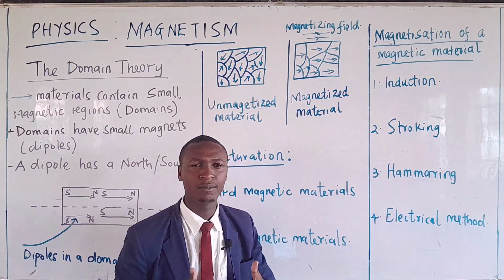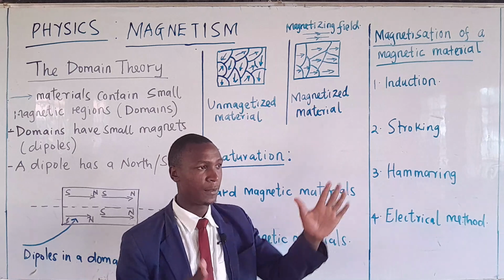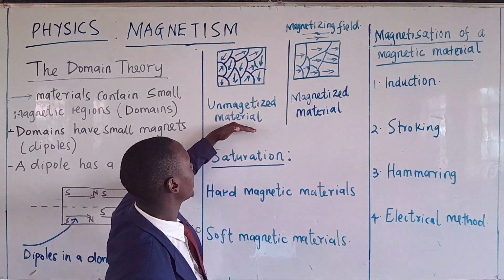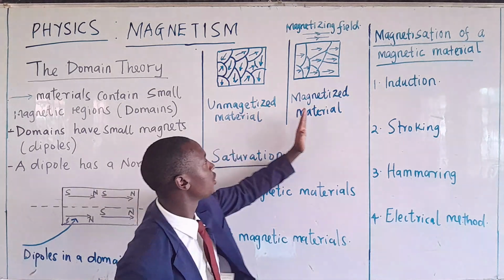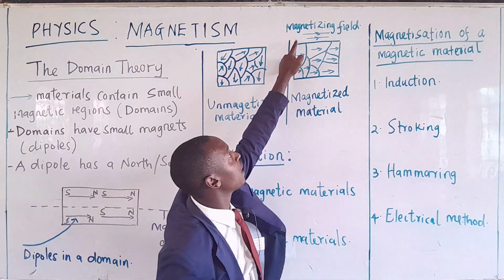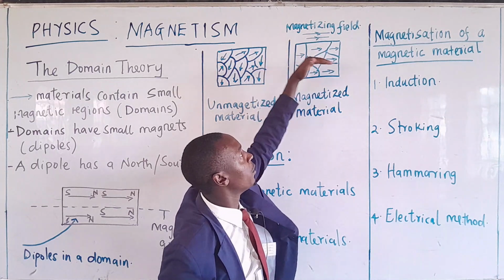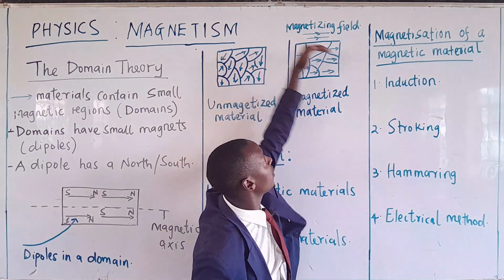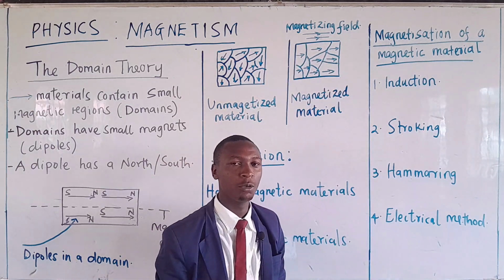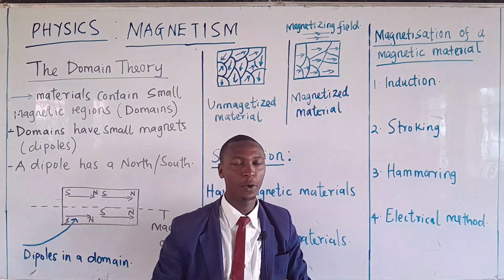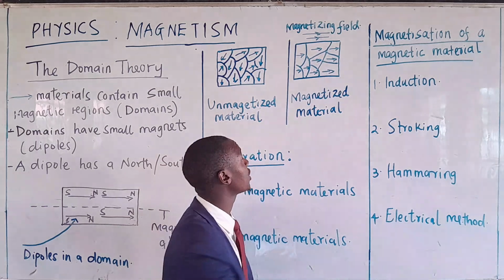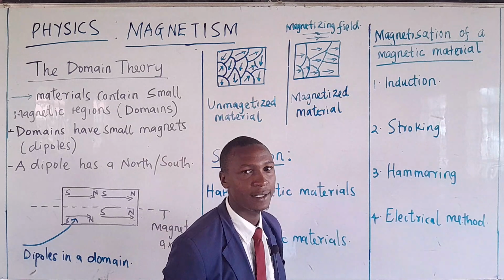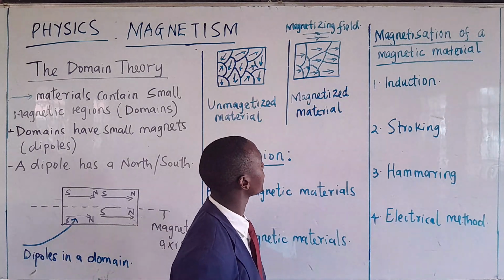So we have dipoles facing different directions, and if you want to magnetize an unmagnetized material, you introduce a magnetizing field. If you introduce a magnetizing field moving in this direction, then we are going to have all the domains, or all the dipoles, facing in the same direction. So this material here is a magnetized material.